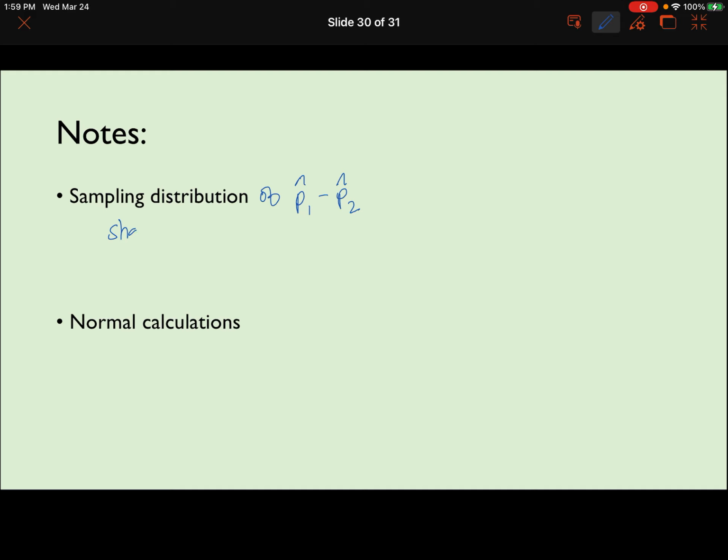So for the shape, we can go ahead and check for normality. It's going to be approximately normal if within both kinds of candy, the large counts condition is met. So N1 times P1 is greater than or equal to 10, and N1 times 1 minus P1 is greater than or equal to 10. I'll explain all of this in context of our problem in just a second.